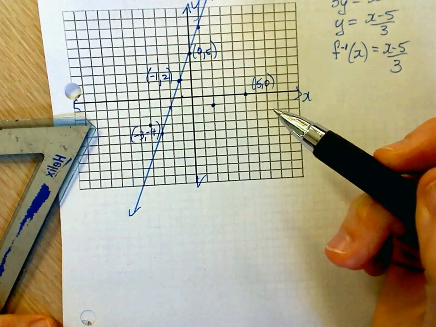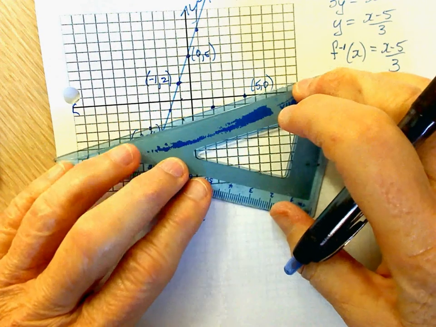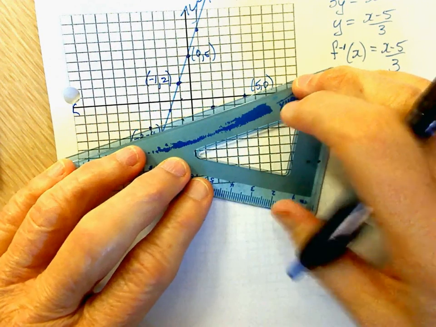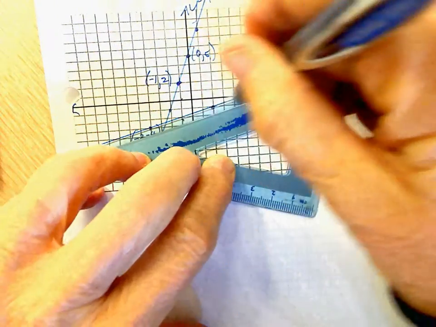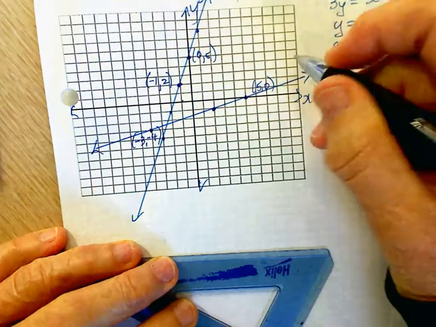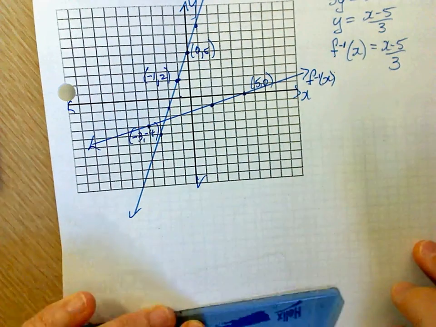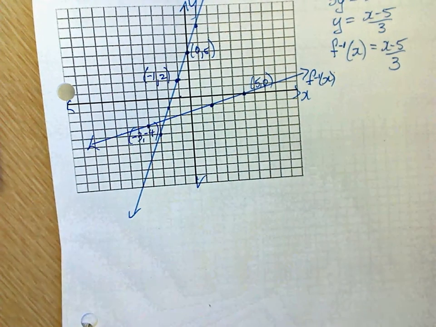So we're in a position to graph this line. This is now the inverse of f of x. And we can draw the y equals x line easy enough.